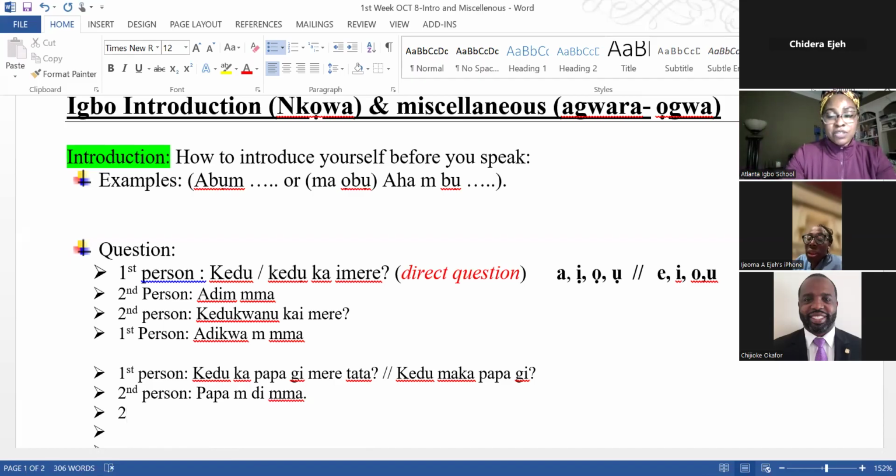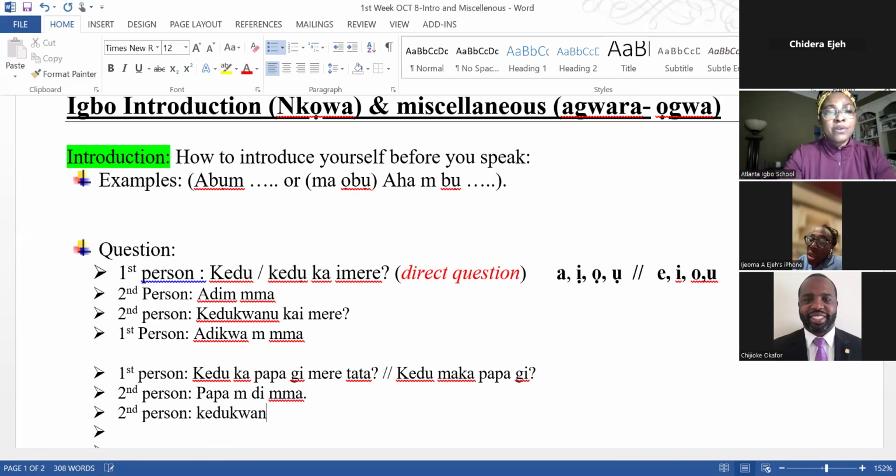Now the same second person, you see how it's flowing now. The second person will turn around. The first person asked the second person, kedu ka papa gị mere? And the second person answered, papam dị mma. And then the second person will turn around and say, kedu kwanu ka papa gị mere? Or kedu kwanu maka papa gị? See?